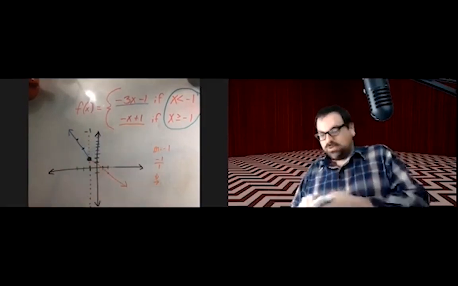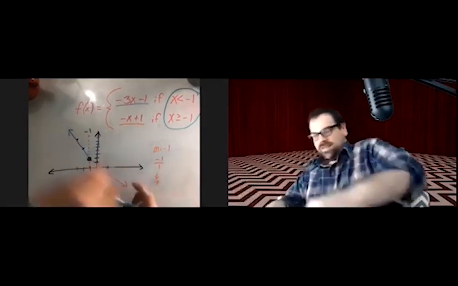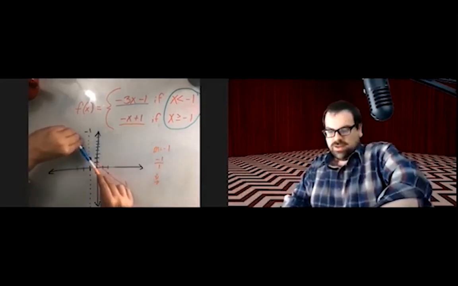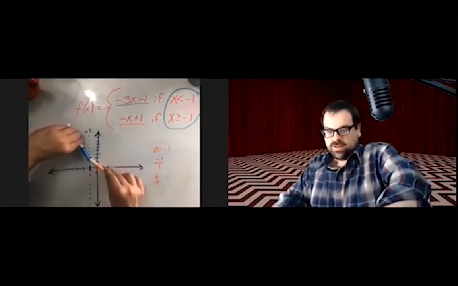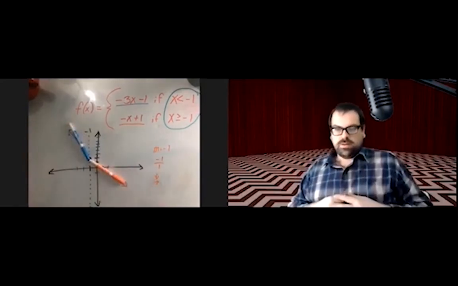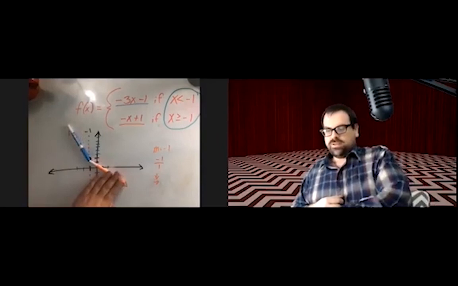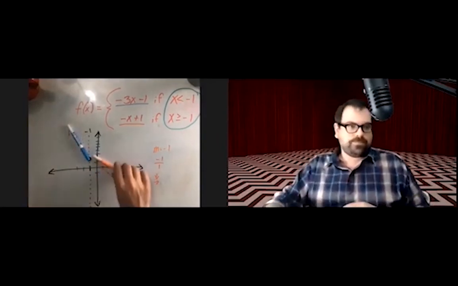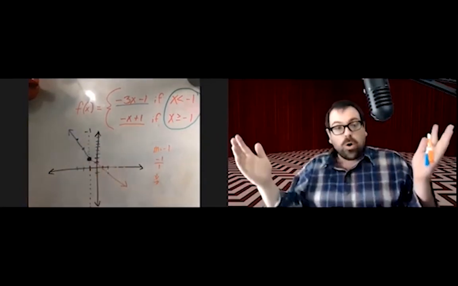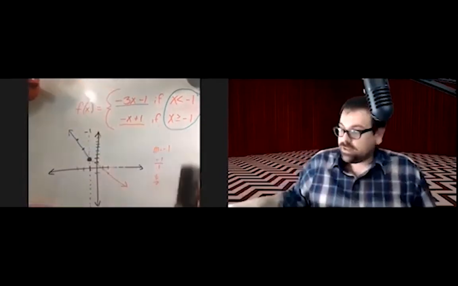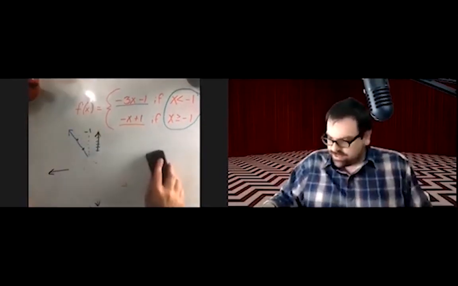This is actually supposed to look like, instead of a straight line, a bent line. Slope of negative 3, slope of negative 1. Hopefully that helps clarify piecewise functions.